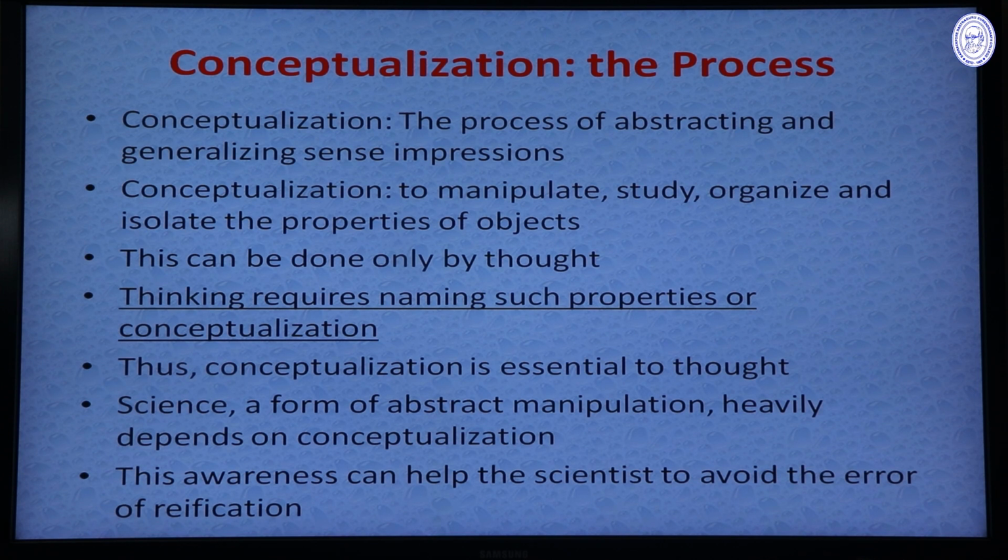Since science depends heavily on thought and on conceptualization, because there is an intimate relationship between thinking and conceptualization, science, which heavily depends on concepts, is also intimately linked to thinking or thought. Now applying this thinking, we can isolate the concept and the phenomena, or we can differentiate between the concepts and the phenomena itself.